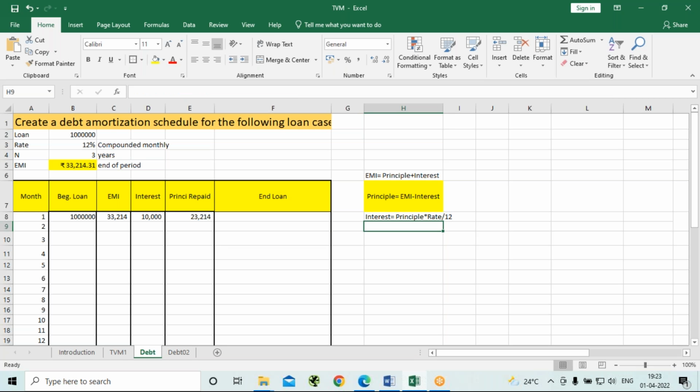So like this, you are going to use a formula to calculate the values. The next, the end loan. The end loan amount will be calculated from the beginning loan minus principal paid.